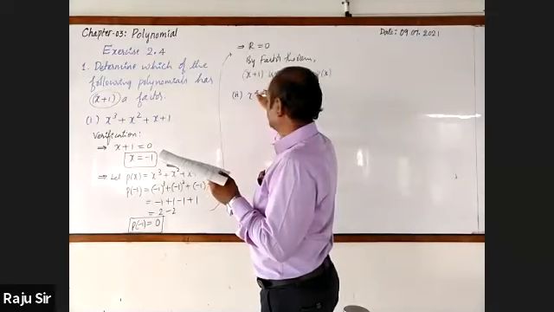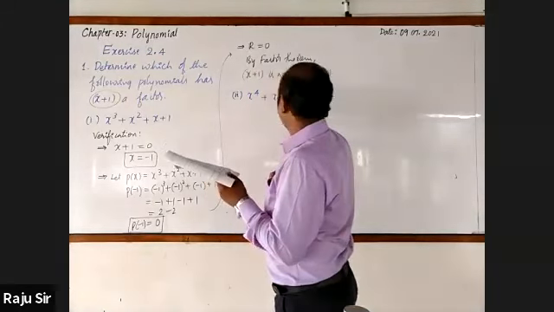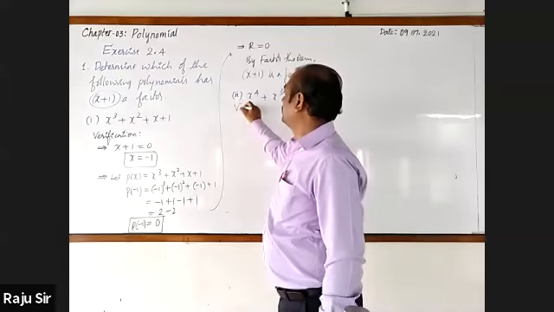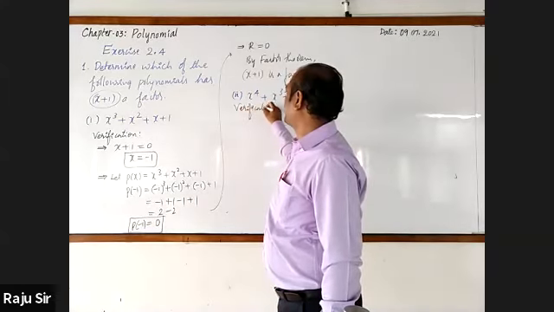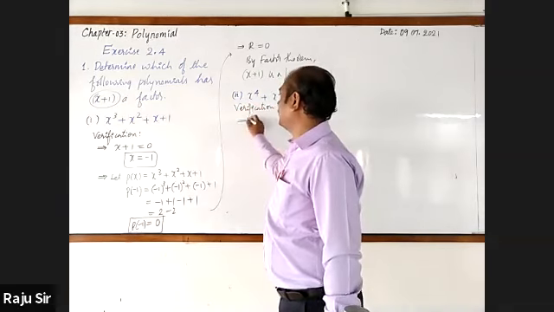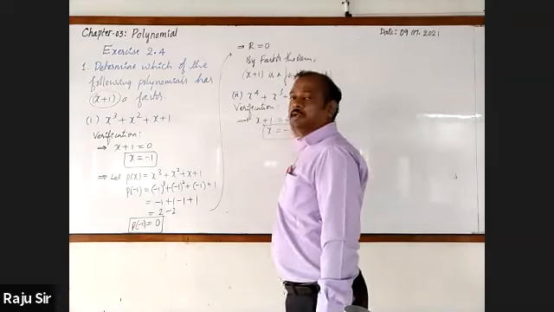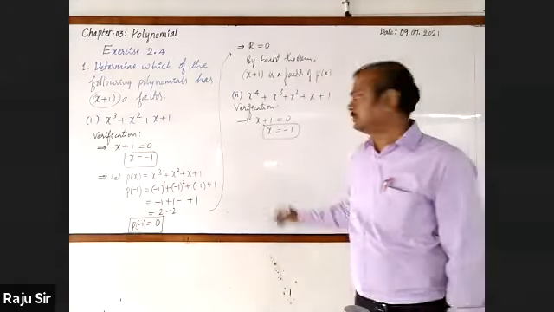It is x raised to the power 4 plus x cube plus x square plus x plus 1. Same type. Verification. The given factor is x plus 1. It should be equated to 0 and x is -1.